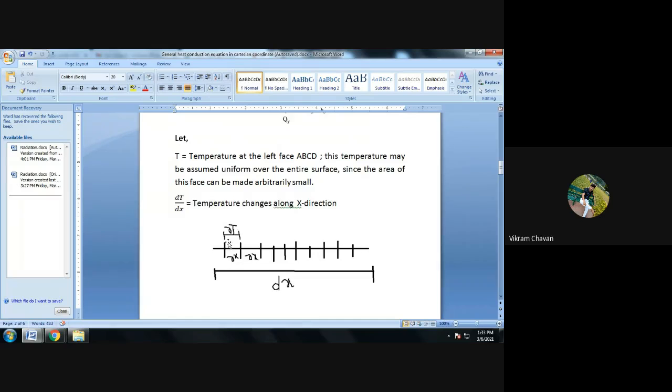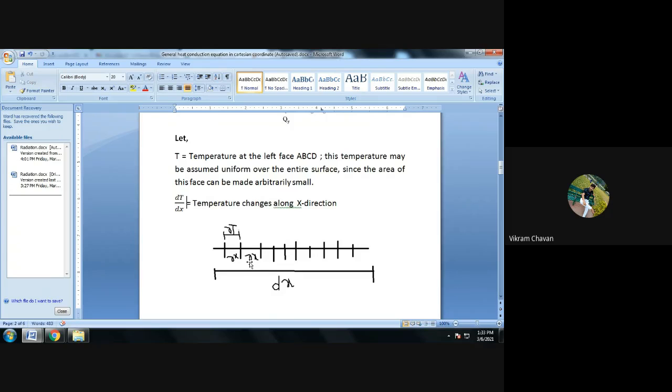That temperature difference we consider as a delta T. Further derivative of small element will be considered as a delta T, and further derivative of length is also considered as a delta x, because we are considering the total length in x direction as dx, and we have divided that length into small elements.